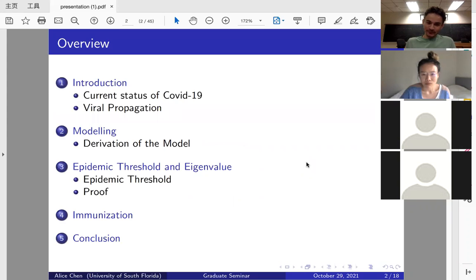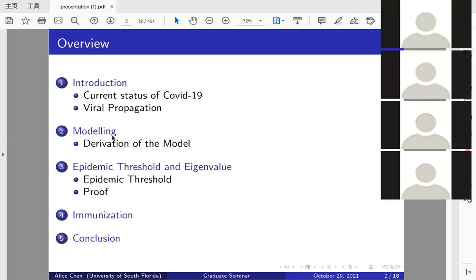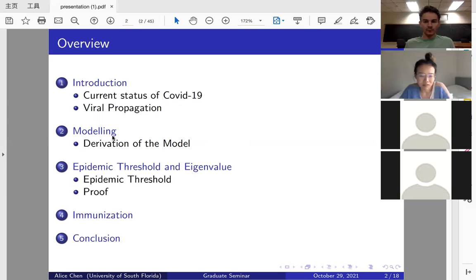So here's the brief view of today's talk. First, I'm going to introduce the current status of the COVID-19 spreading and some classical models about viral propagation. The next is the main part: why we want to model a new nonlinear dynamic system, and some results that come from it, such as the epidemic threshold.